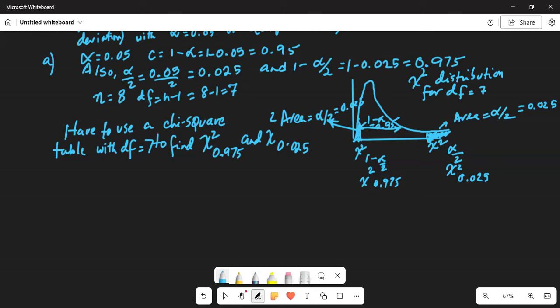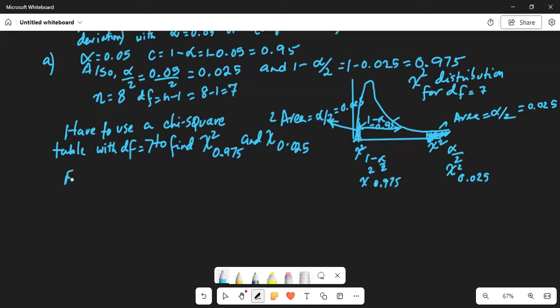I draw a horizontal line through 7 and a vertical line through chi-square 0.975 and get the value 1.69. For chi-square 0.025, I draw a line through 7 and a vertical line through 0.025, and that critical value is 16.013. So let me make a note of them.